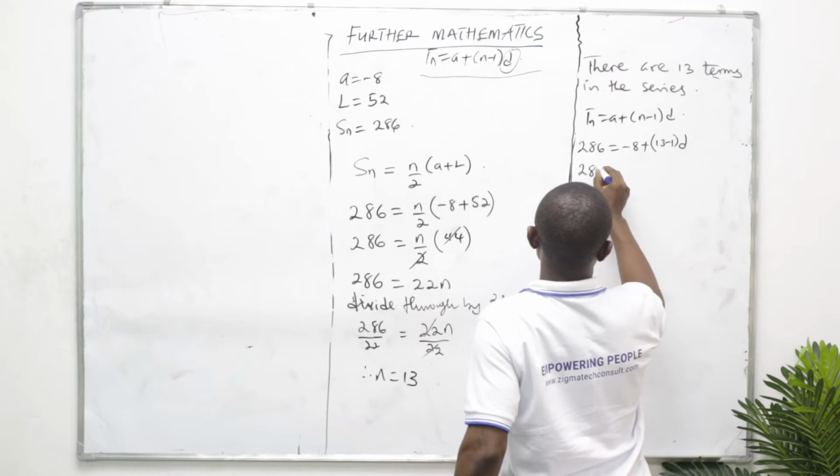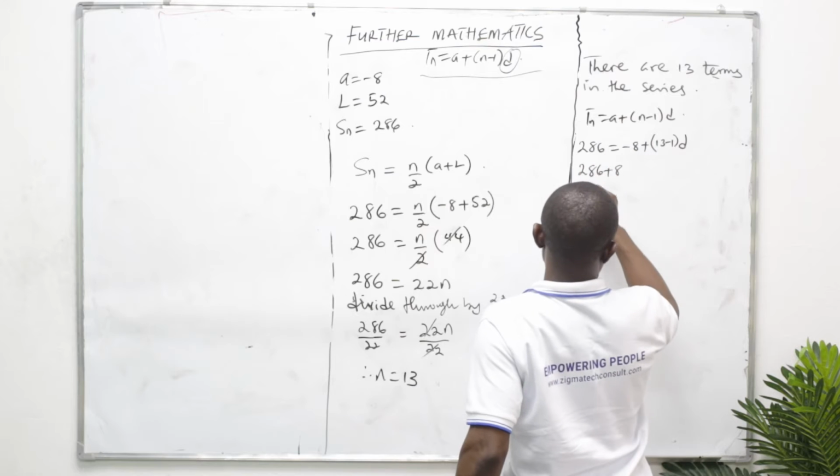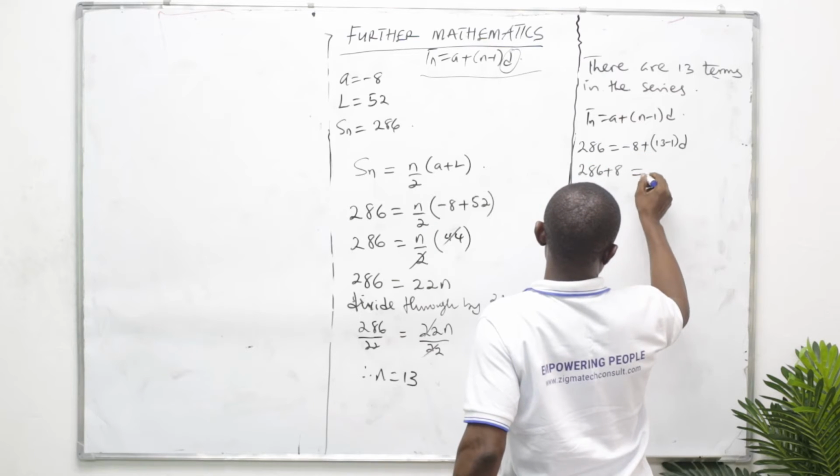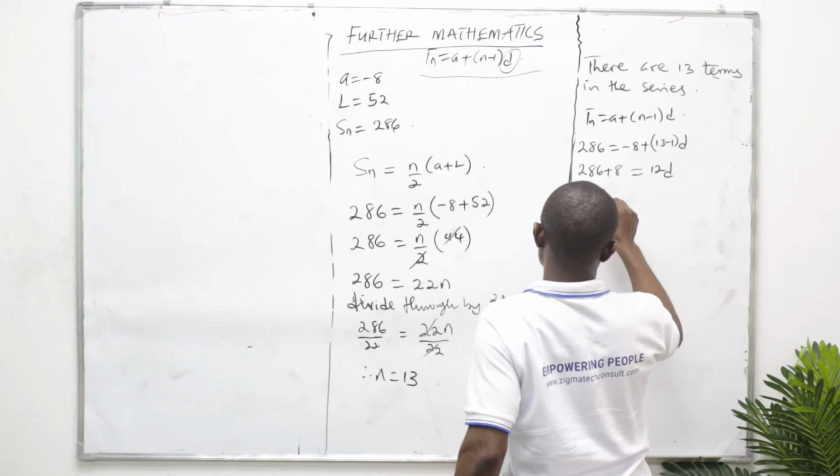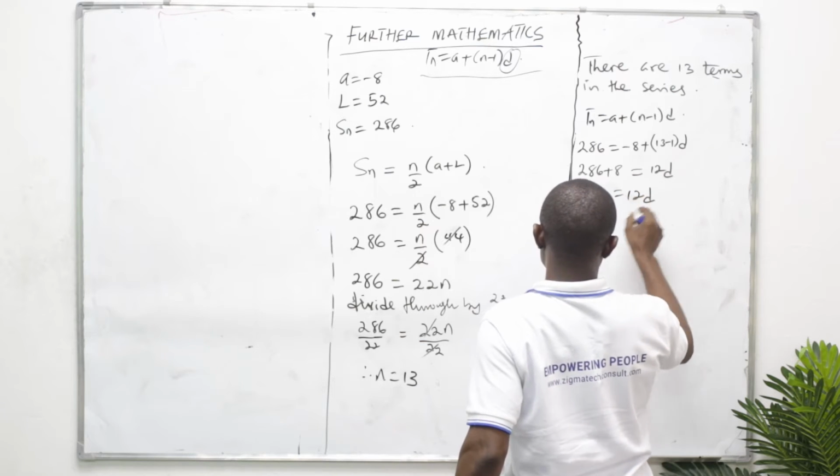So I will say 286 plus 8, if I add 8 to both sides, equals 12d, okay? This is 294 equals what? 12d.